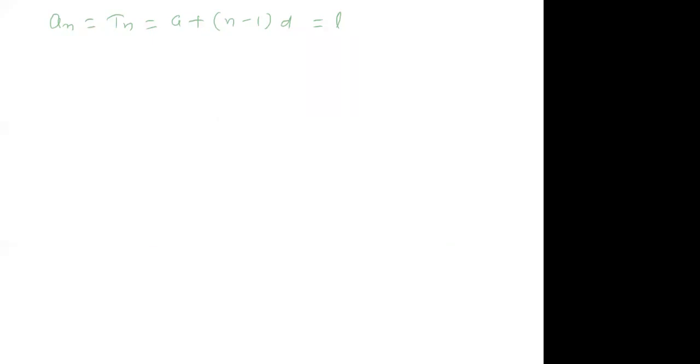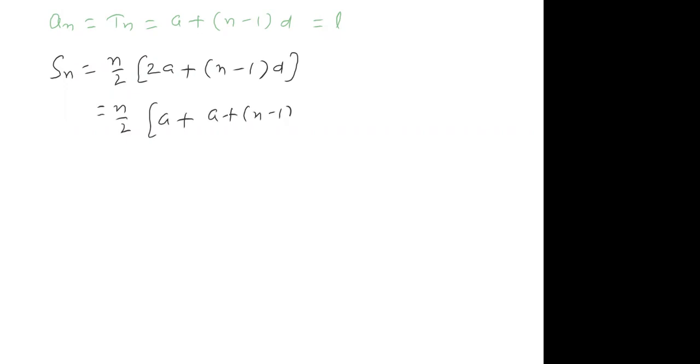So Sn, the sum of n terms, is equal to n upon 2 into 2a plus n minus 1 into d. Now I can write this as n upon 2 into a plus, splitting this 2a into two parts, a plus a. Now you can observe this quantity in the red bracket.